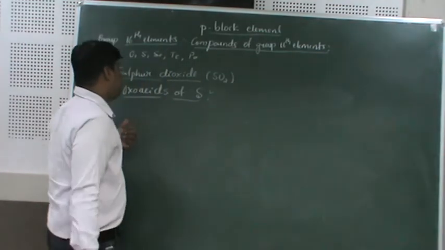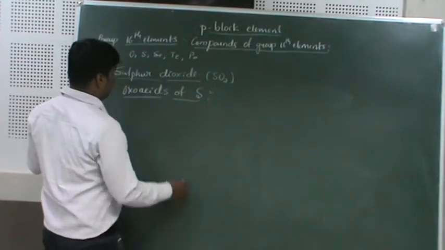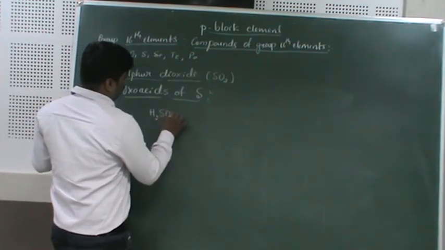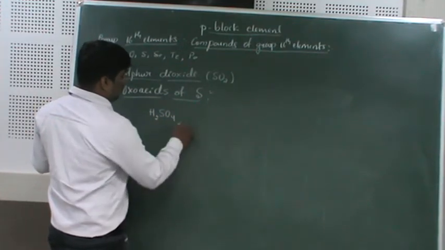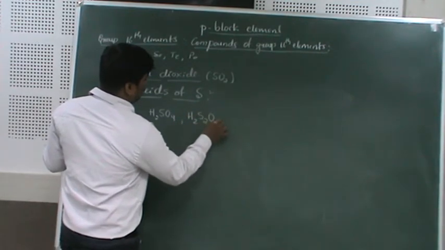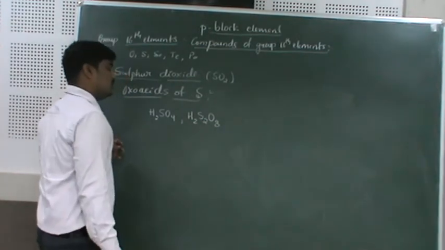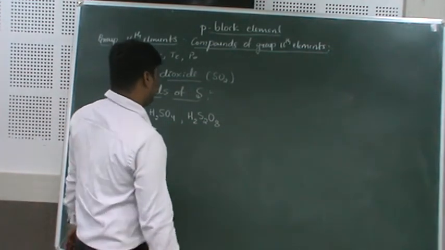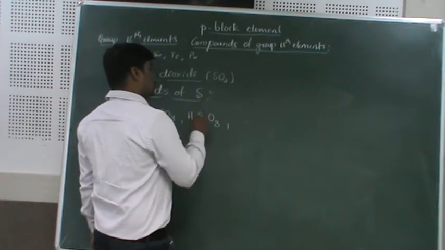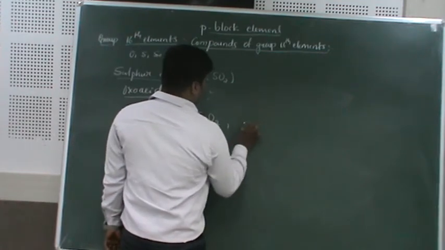Similarly, the important oxo acids of sulfur are H2SO4, and another one is H2S2O8. It is nothing but ortho, okay, or peroxy, better to call it peroxysulfuric acid.